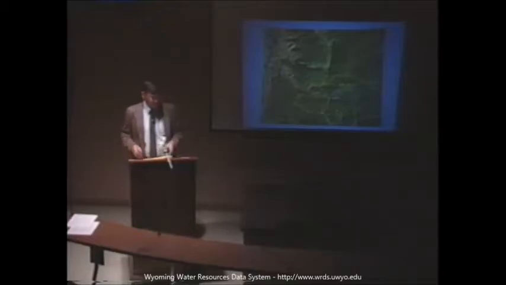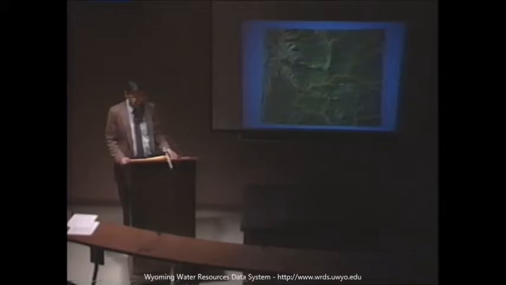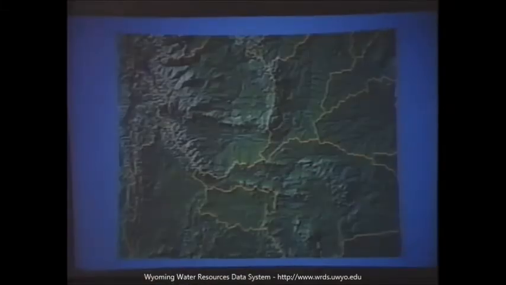This is a close-up of Wyoming, showing the hydrography and the major drainage basins. Perhaps in many ways, historically the most important drainage basin here is the least auspicious in many ways.